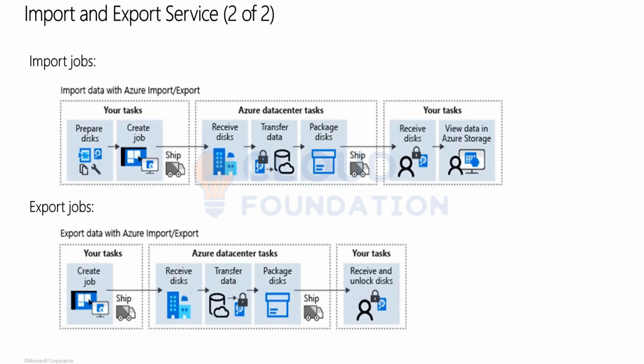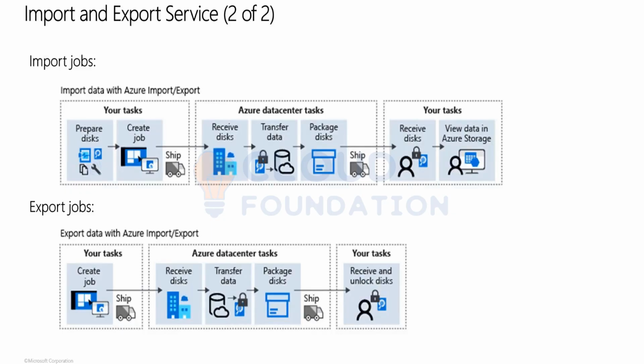Now this job creation will be on the Azure portal. Parallelly, you also need to copy all these contents onto a disk. Once you have copied those details onto the disk, you need to protect it by using BitLocker or any encryption key that you would want.